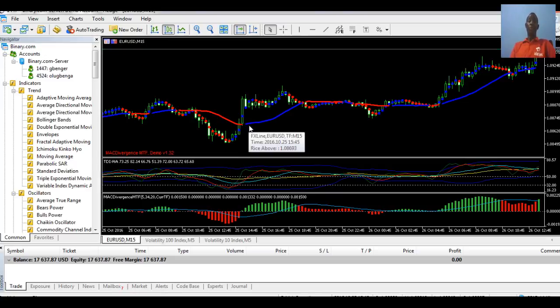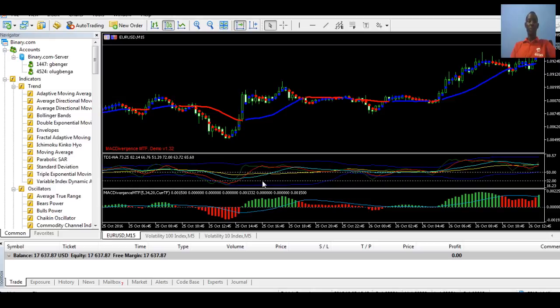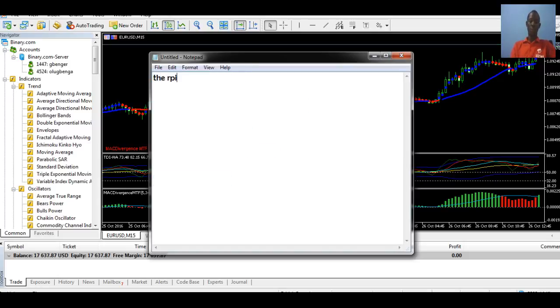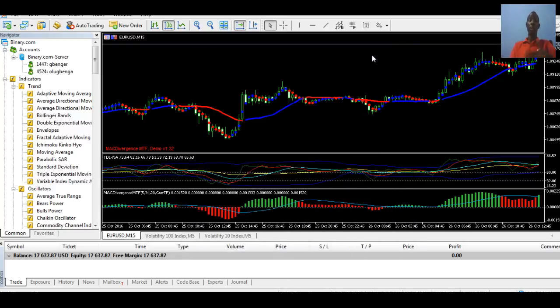Even if I have a signal from any of these indicators, I will have to confirm from the other ones, because there is what we call the principle of 3 in trading, which is what I'm actually employing each and every time.